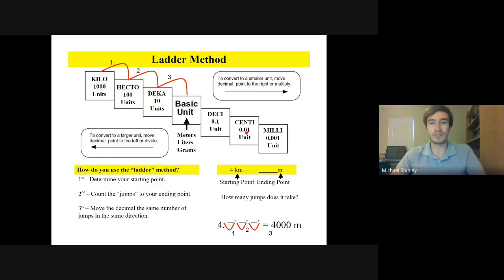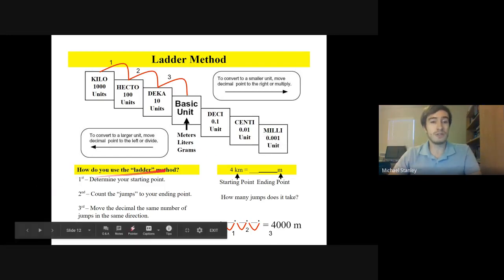That's what the little 0.01 here represents. We have 100 centimeters make up a meter. We also have even further down our milli. So whether that's millimeters, milliliters, or milligrams, 1/1000th of a gram is a milligram. So 1/1000th of whatever our base unit is, those are our milli units, our smaller movements.